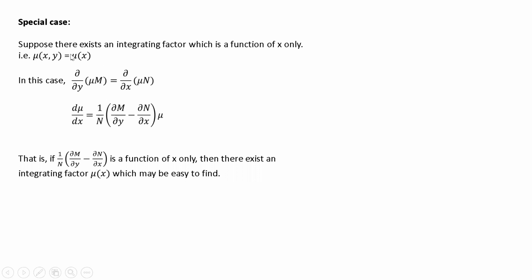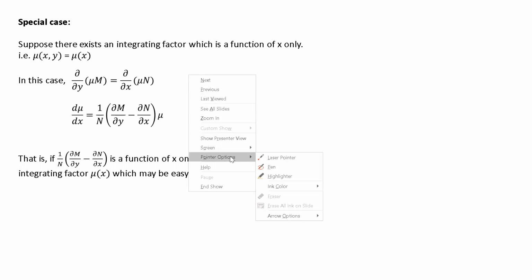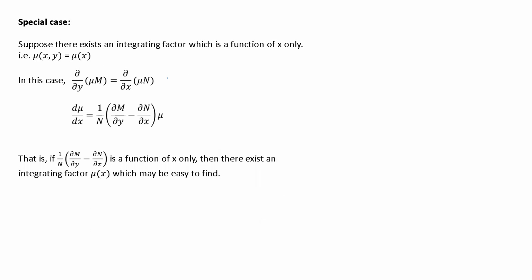However, because this mu is just a function of x, if we go from this equation, what do we get? Because mu is not a function of y, the left hand side is just mu times partial M partial y.